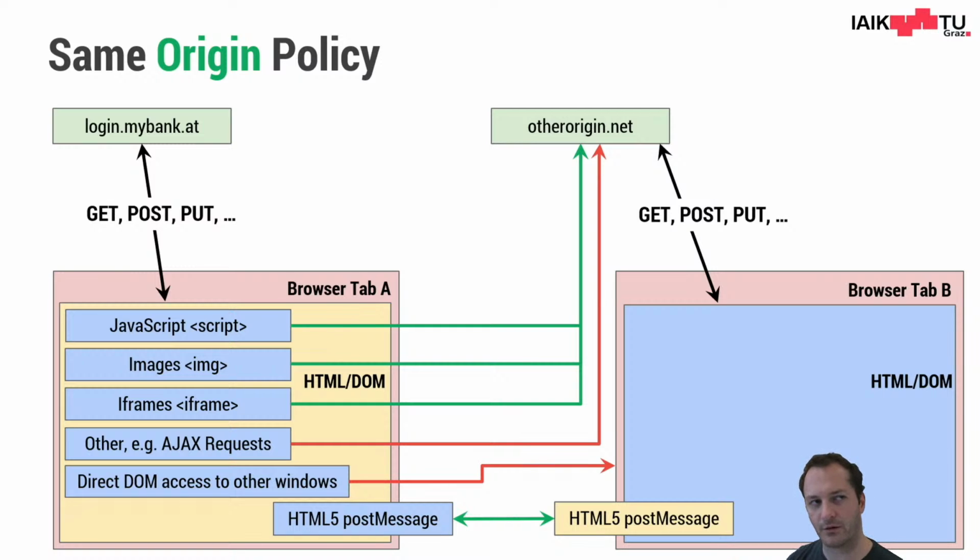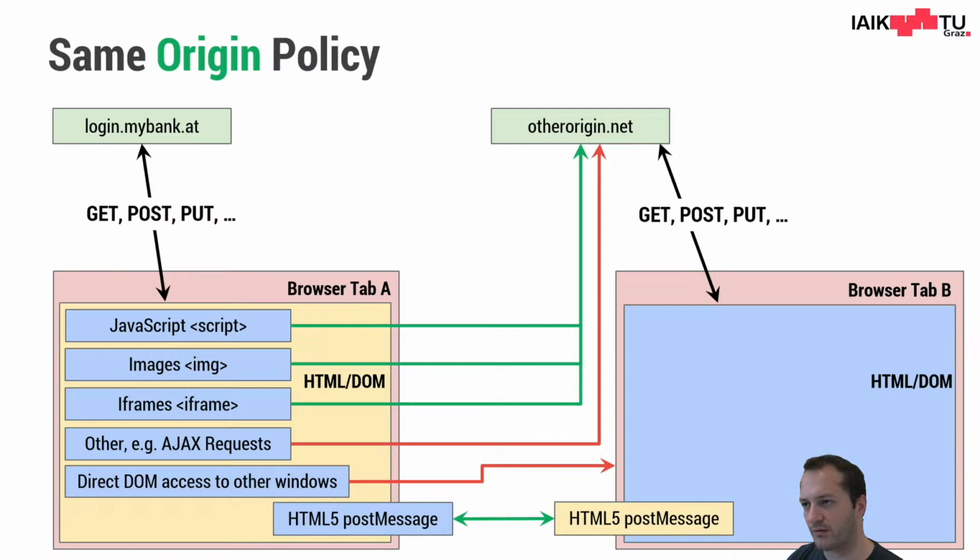So the scenarios I've just mentioned are not so artificial, they can actually happen in practice. But as I said in the beginning, if we would constrain our communication only to one origin, modern websites just wouldn't work, because they include resources from other websites very frequently.